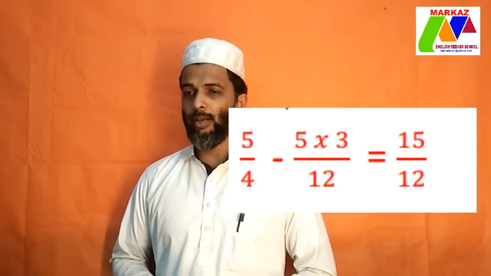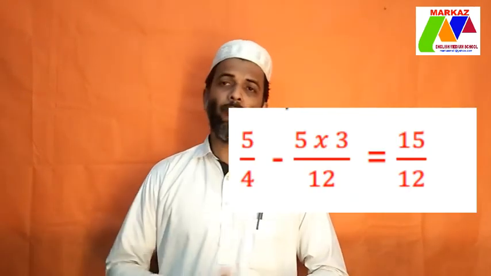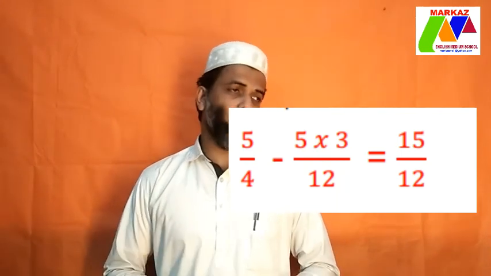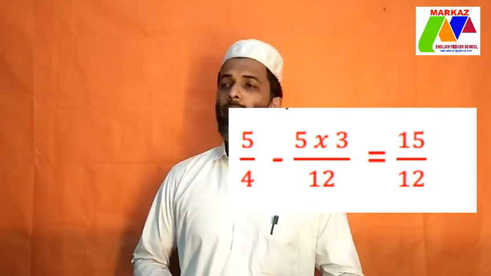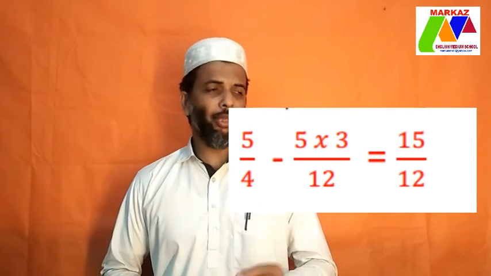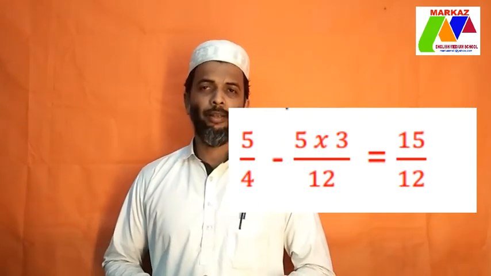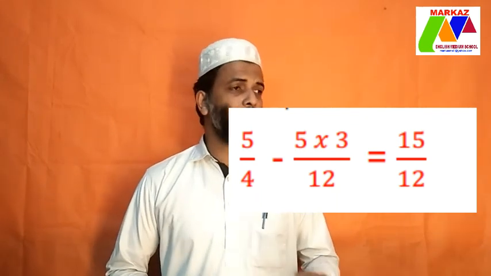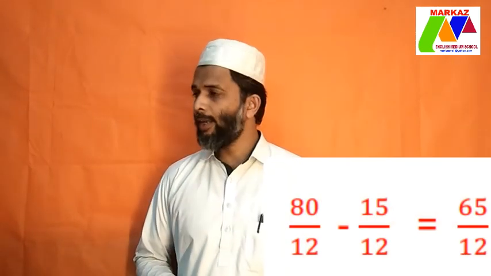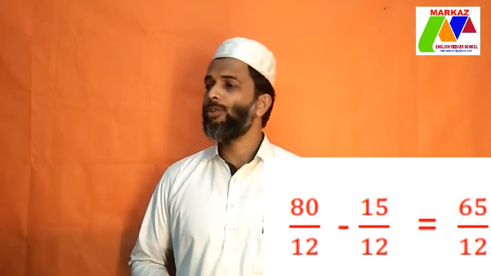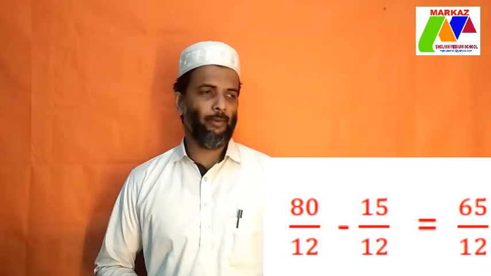In the second fraction, 5 by 4, 4 into 3 is 12. So multiply the numerator with 3. 5 into 3 is equal to 15. Thus 80 by 12 minus 15 by 12. Answer is 65 by 12.